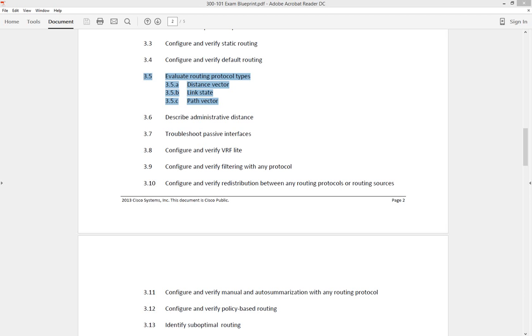OSPF is typically one of the more complicated. To me, it's the most complicated IGP, and rightfully so. It has an immense amount of scale, and if you build your network in the correct manner, realistically speaking, you could have 20, 30, 40,000 routes in OSPF, and it may not take up that much room at all.